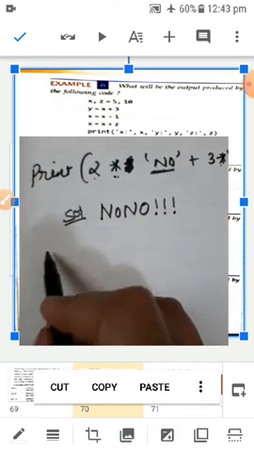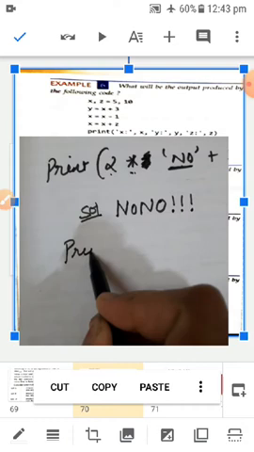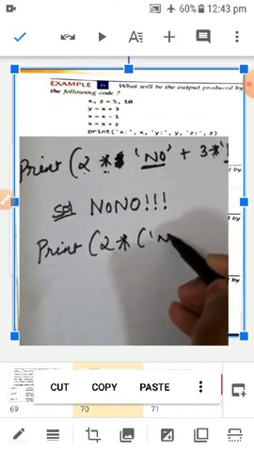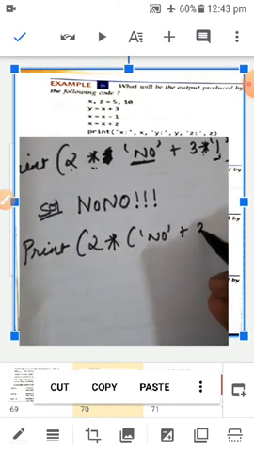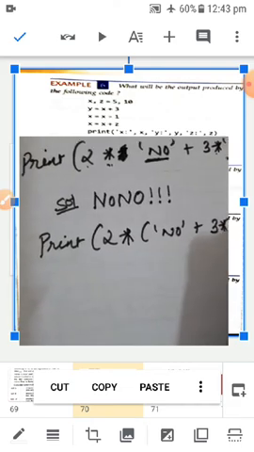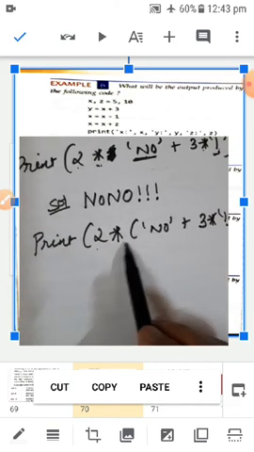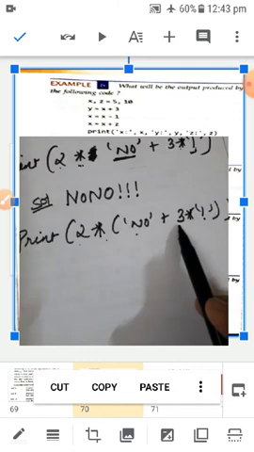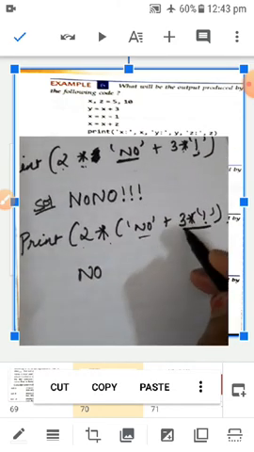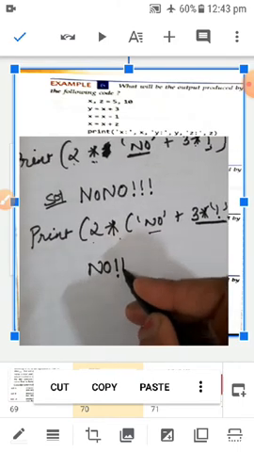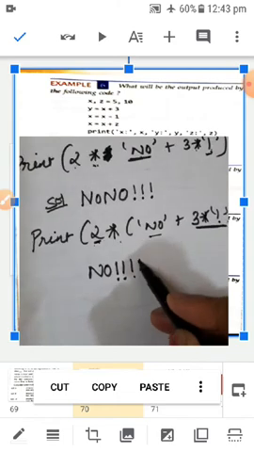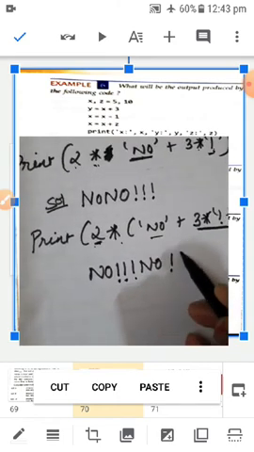Okay, now the next statement is to multiply this whole statement. Now this whole statement is printed like this. So 2 multiplied by this, see, 'no' is first printed, then 3 times this sign will come, then again it will operate, again it will write 'no', and 3 times this sign.